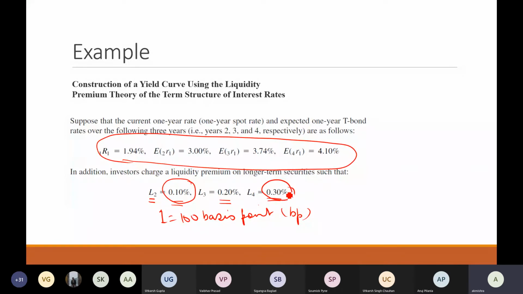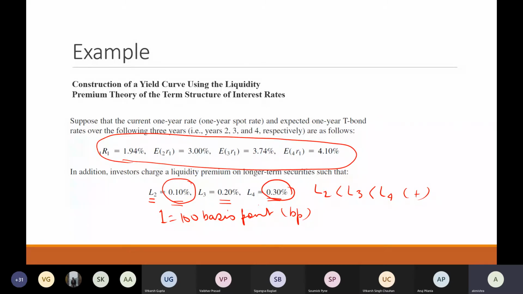So this is the kind of trend we are observing, and all are positive, because the investor is investing for one additional year, and that's why he is demanding 10, 20 and 30 basis points of additional liquidity premium for the second, third and fourth year of investment.